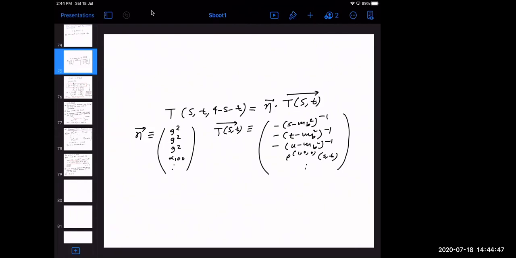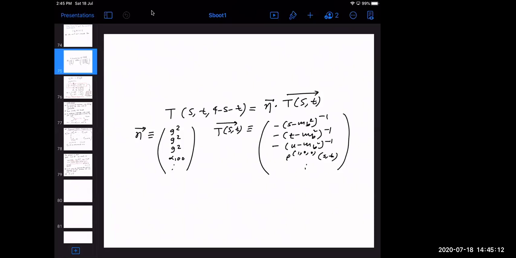But we are interested in maximizing only g square. So we also have to specify that we are just focusing on one parameter out of this entire eta vector for the optimization procedure.